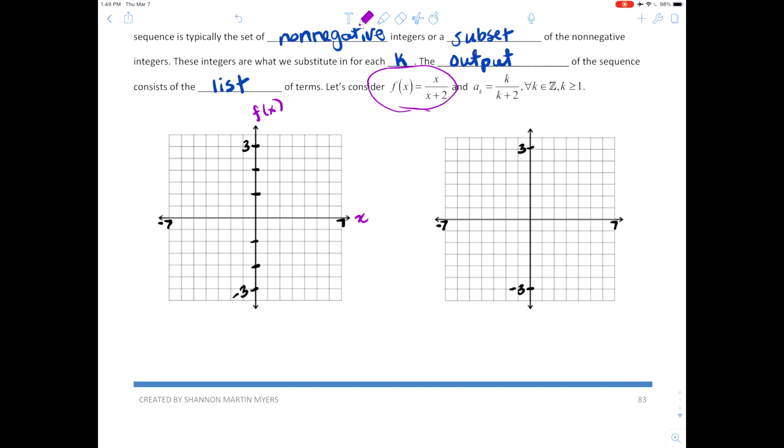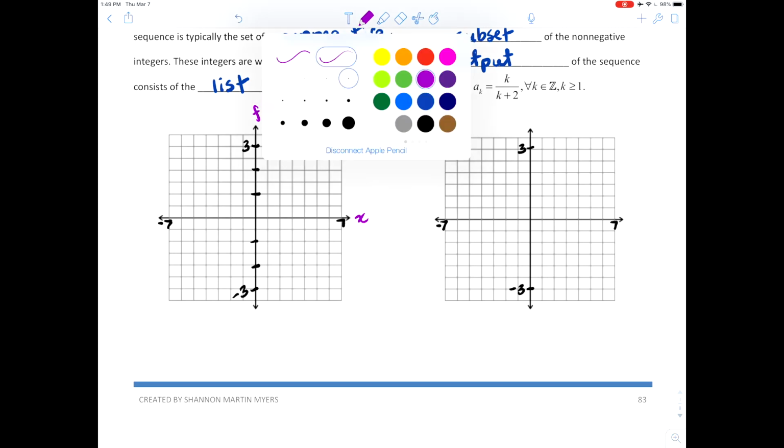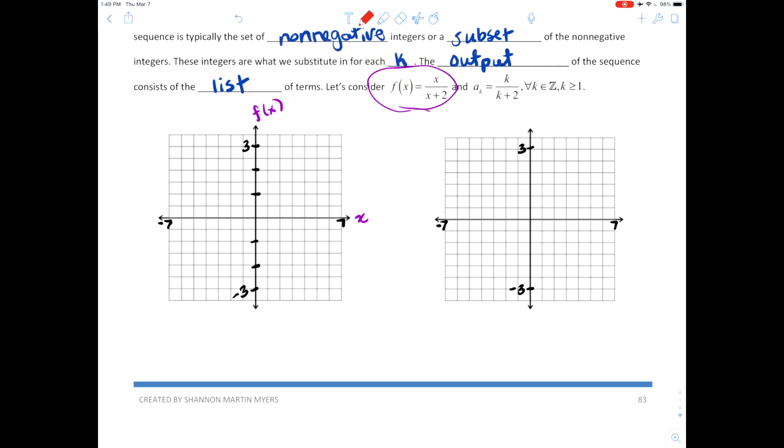Since that factor doesn't divide out, this results in a vertical asymptote at x equals negative 2, so that'll be over here. Notice we will not have that issue on the graph of the sequence because we start at k equal to 1 in our case. That's the way I did the domain.